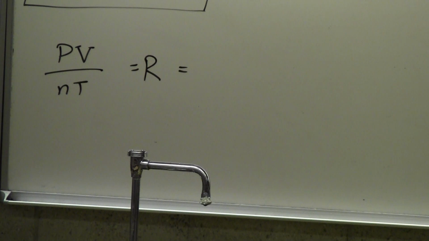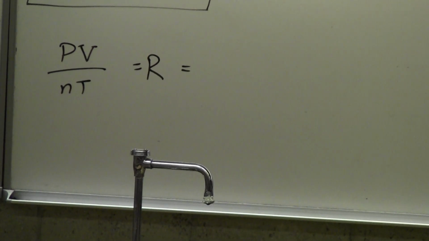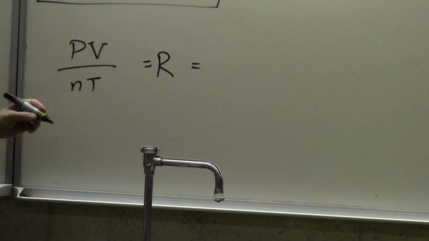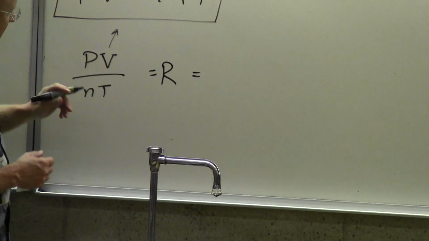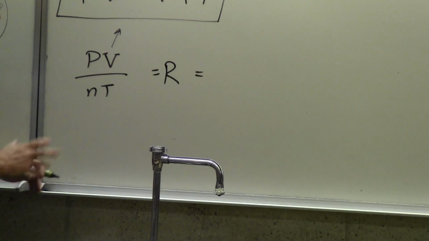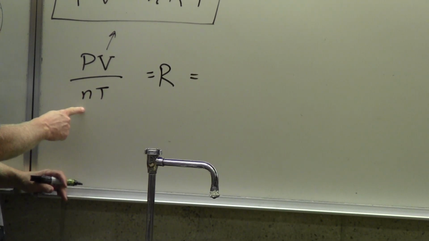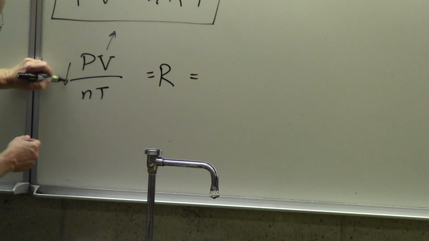And so what you're going to be asked to do, and you guys will probably shoot me some questions because this is probably the hardest part of the homework this time, is: what would happen if I changed something? Let's say I increased the volume but left the temperature and the number of molecules the same. Well, that would mean the pressure would have to go down.